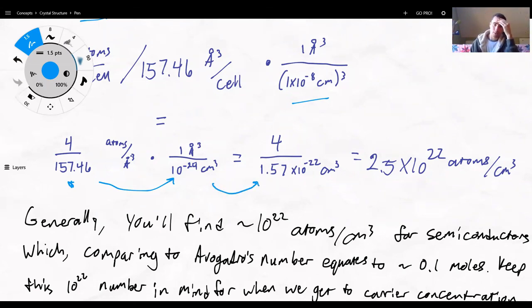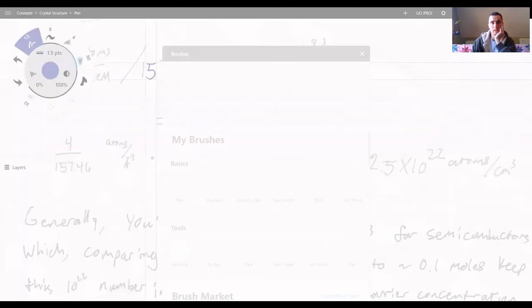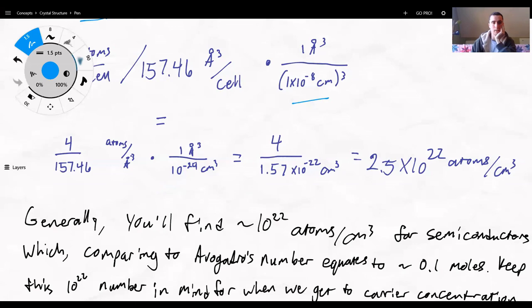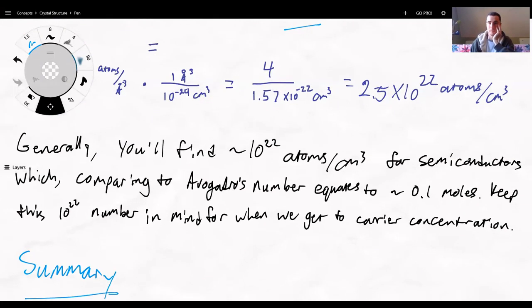Then you get 4 over 1.57 times 10 to the minus 22, which ends up being about 2.5 times 10 to the 22nd atoms per cubic centimeter. And that factor, 10 to the 22, keep that in mind, because you're going to find that fairly frequently in semiconductors.